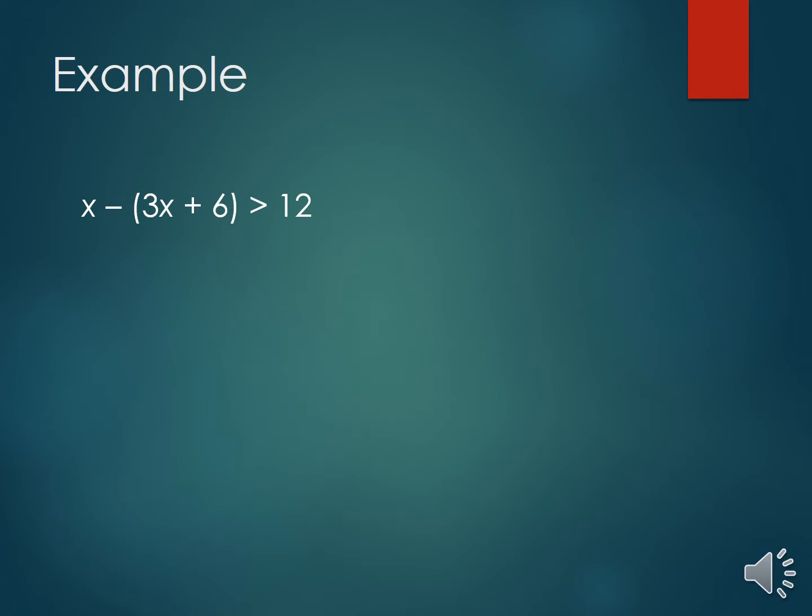Here's an example. x minus the quantity 3x plus 6 is greater than 12. Pause the video at this point to give yourself a chance to do the example. So the first thing I want to do is put a 1 in front of the parentheses and distribute a -1. When I do that, I get x minus 3x minus 6 is greater than 12.